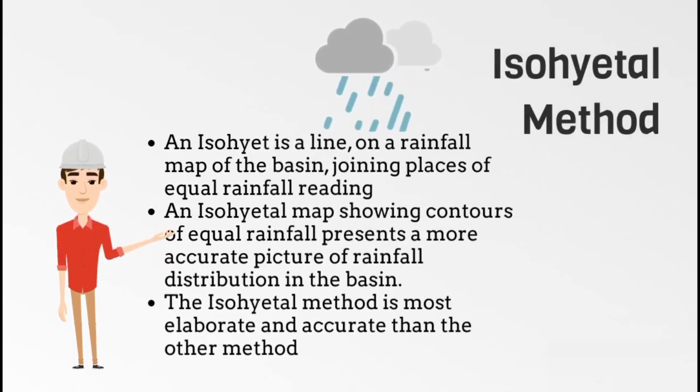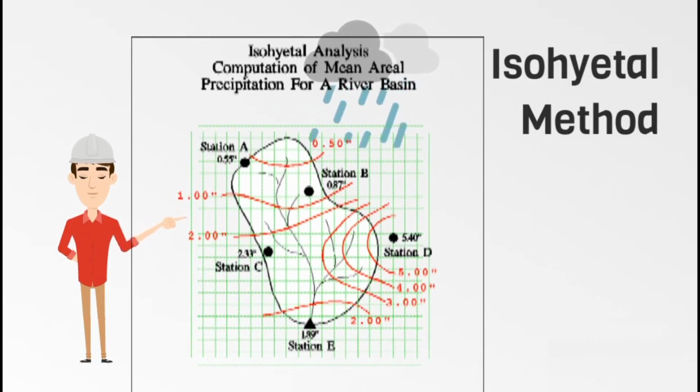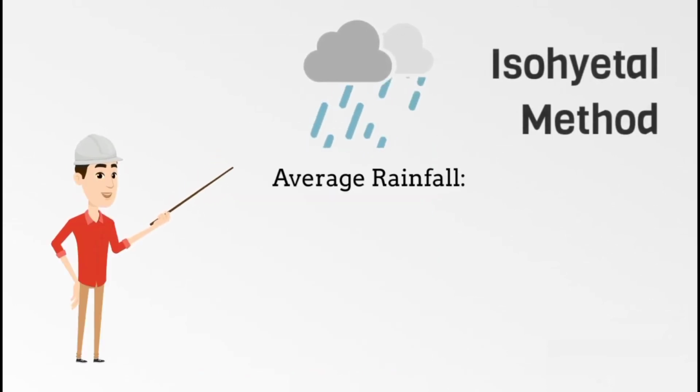An isohyetal map showing contours of equal rainfall presents a more accurate picture of rainfall distribution in the basin. The isohyetal method is the most elaborate and accurate of the three methods. The average rainfall can be computed by the expression.